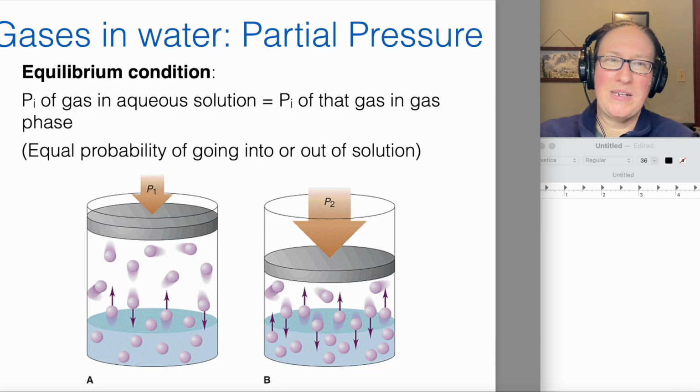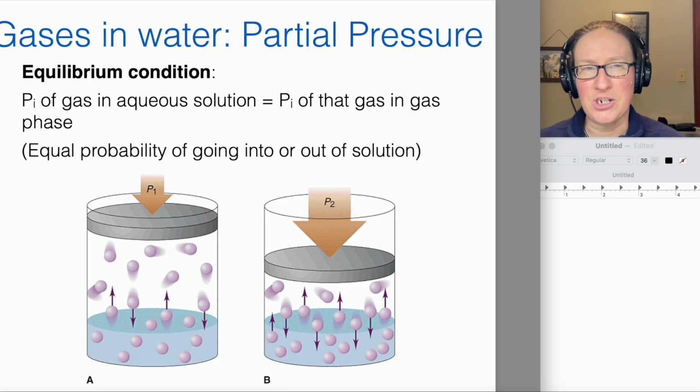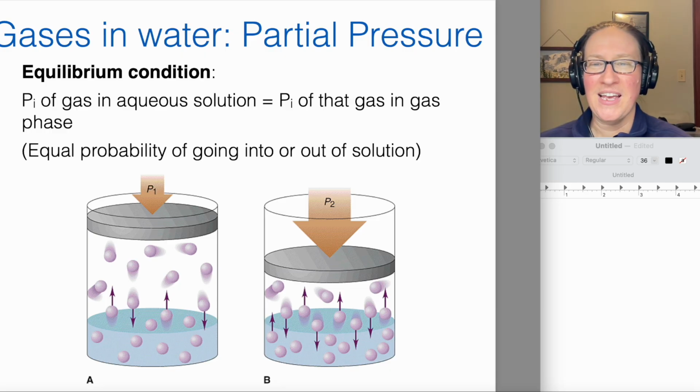And again, we wrapped up on Friday talking about how in water, when equilibrium has been reached between air and water, we can define the partial pressure of a gas in water as equal to the partial pressure of that gas in the gas phase above water. So here's two example containers that are being maintained at different pressures.